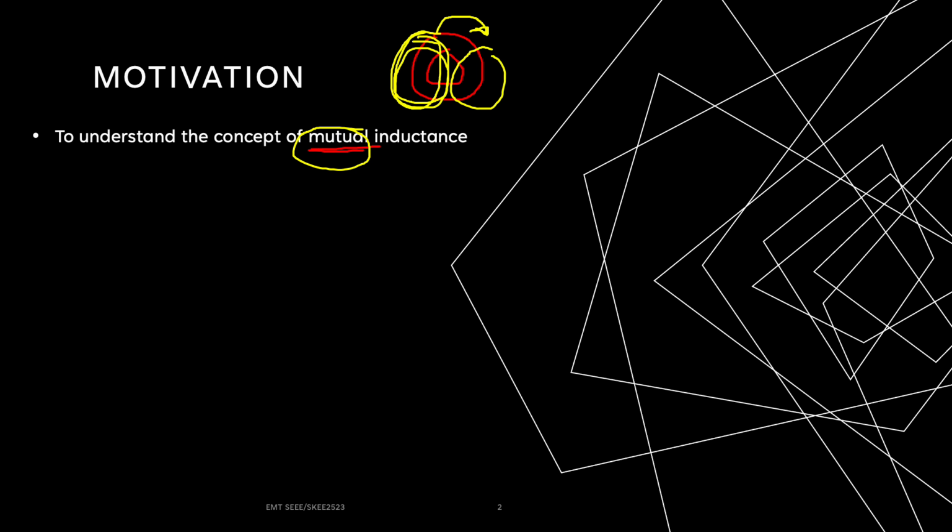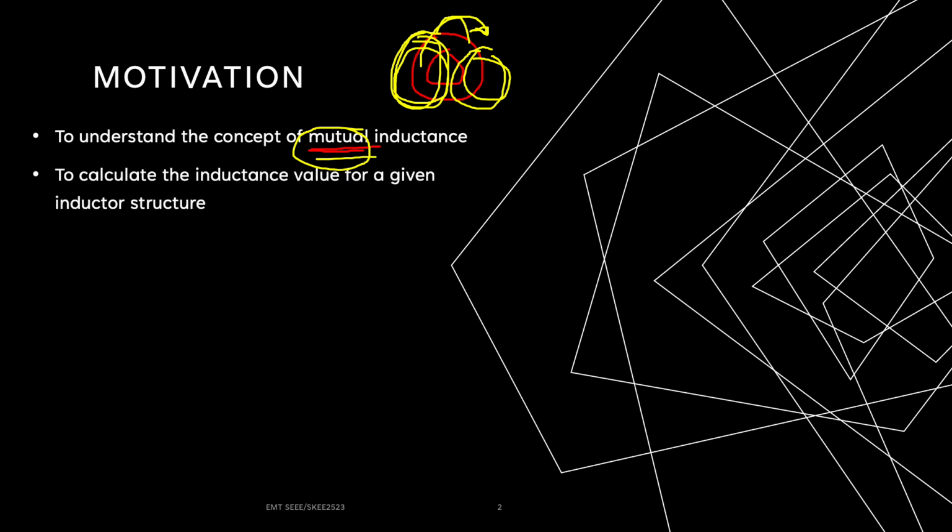At coil number 2, the flux that is produced is the result of flux from the primary winding. So that is what we call mutual inductance.